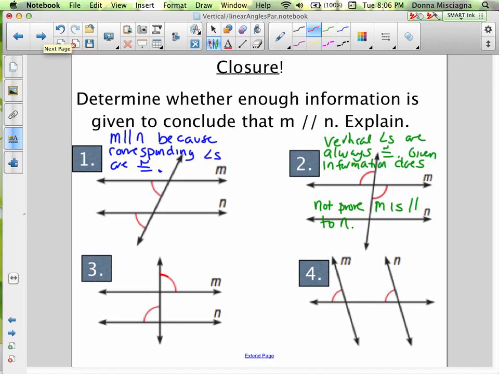So this angle has to be congruent to this angle, because these are vertical angles. So here we're going to have to make sure by using all the things we know. We know those have to be congruent because they're vertical angles. I'm going to mark this in a different color. We know these have to be congruent because they're vertical angles.